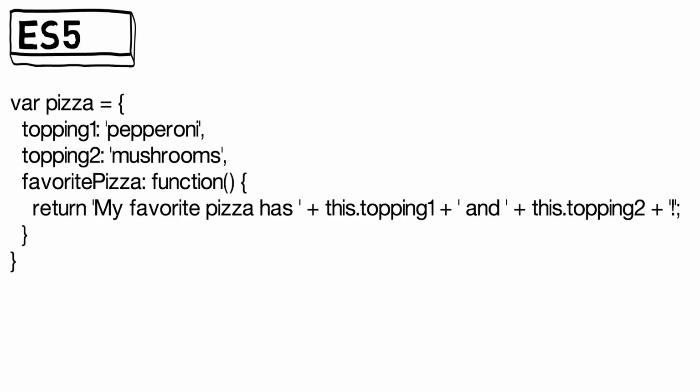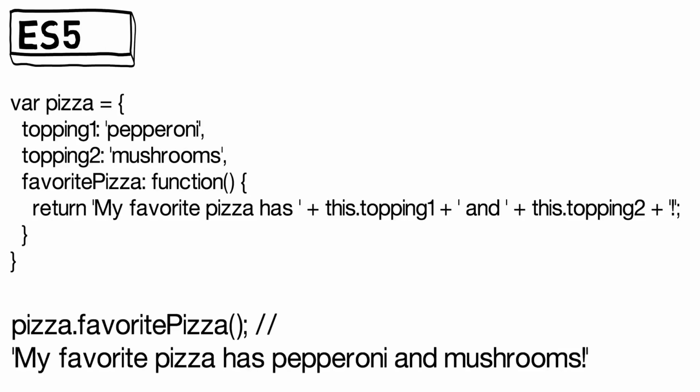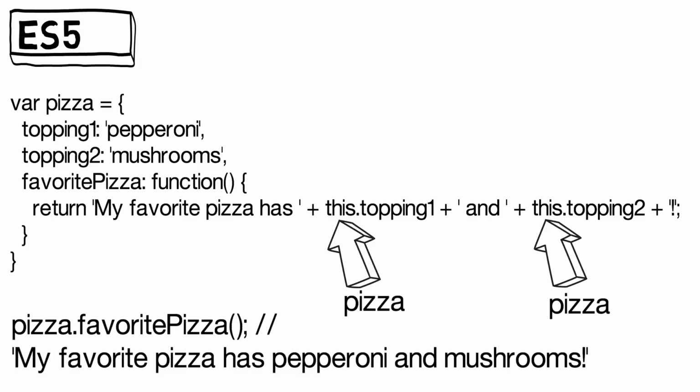To call on that property in addition to what we did in our previous example, we have to use the this keyword to access them. We could also, in this case, use the name of the object, pizza, to access the properties of topping1 and topping2. That is quite a bit of code and a lengthy process.